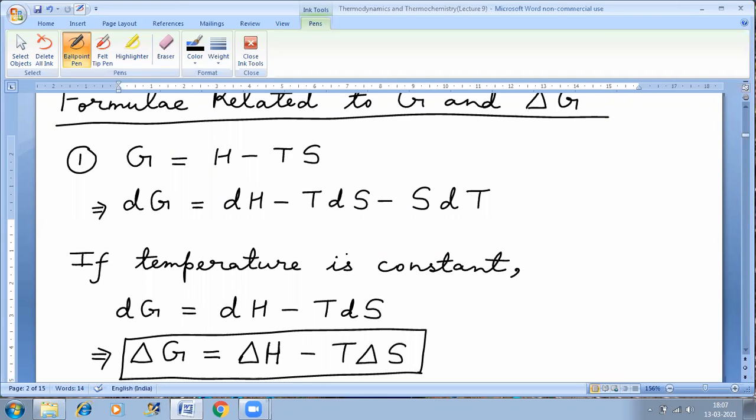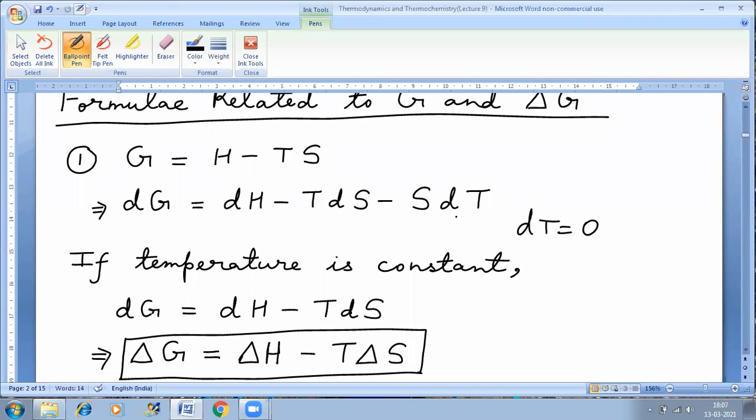Now, if temperature is constant for a process or a reaction, then dT will be zero because at constant temperature, temperature is not changing. That means dT is equal to zero. So this term will vanish.